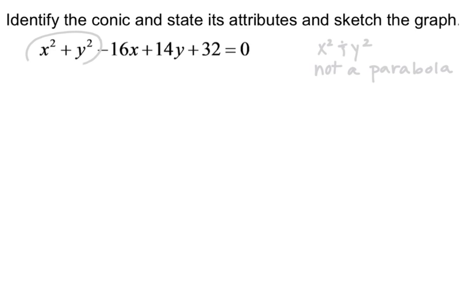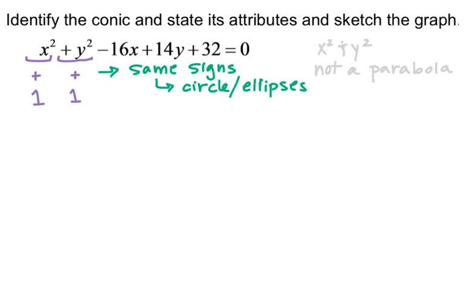So then, as I previously mentioned, we look at both the x squared and the y squared term. They are both plus, plus. They both have coefficients of 1 and 1. So same signs indicate that we are dealing with either a circle or an ellipse.